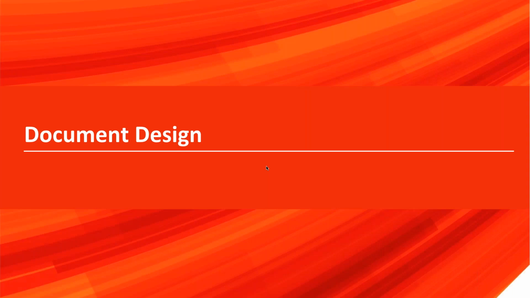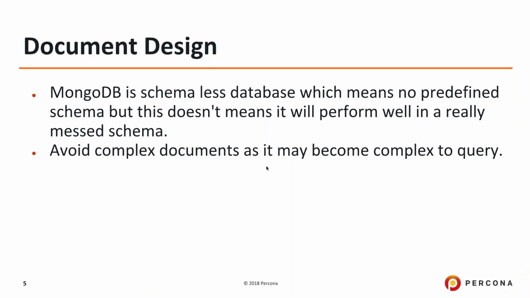We'll start with document design first, because that's usually where you start with Mongo. Usually you need to insert data before you read it. So how you design that data is very important, and probably one of the most important topics to avoiding scalability problems down the road.